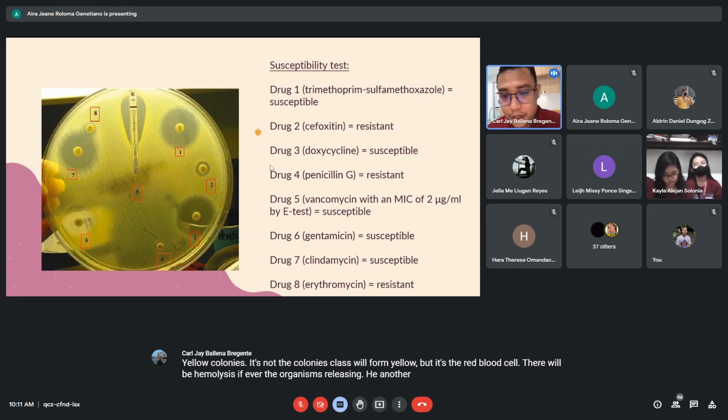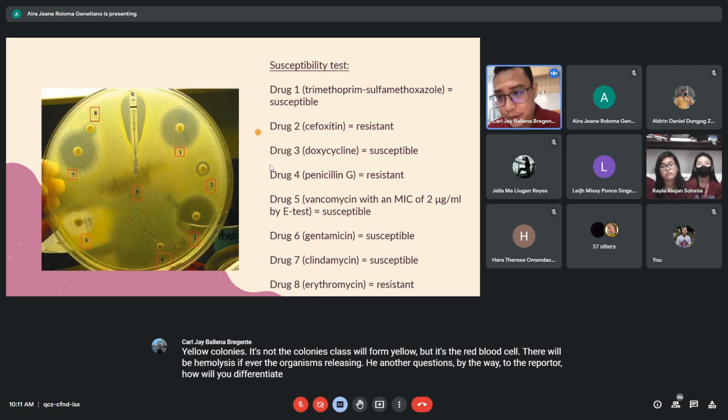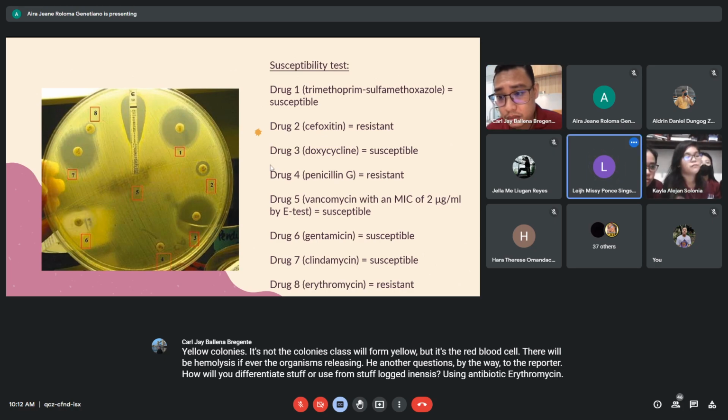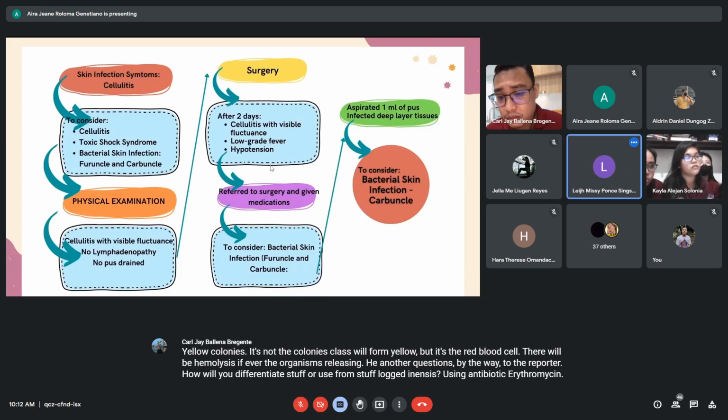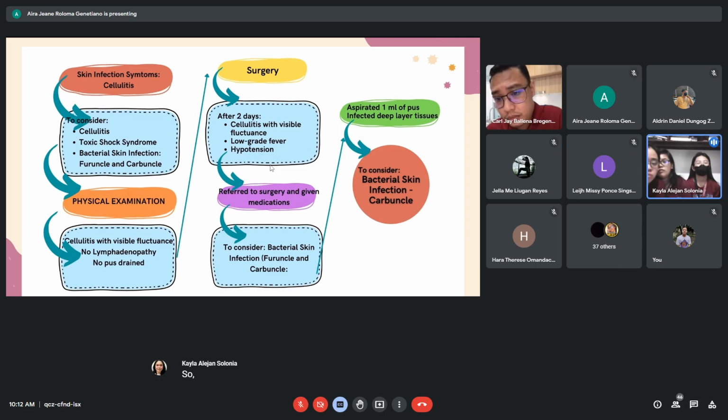Another question, by the way, to the reporter. How will you differentiate Staph aureus from Staph lugdunensis using the antibiotic erythromycin?